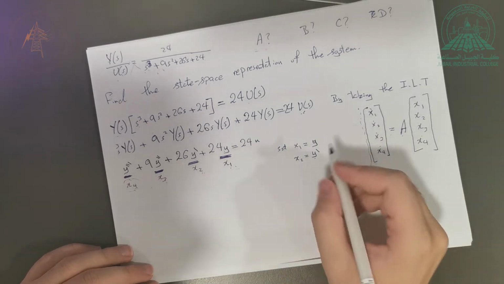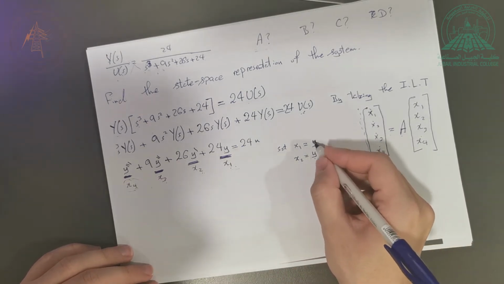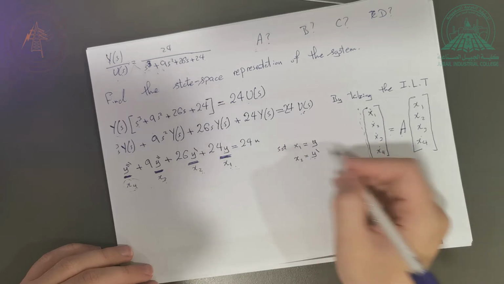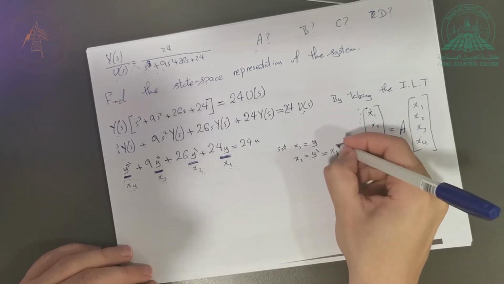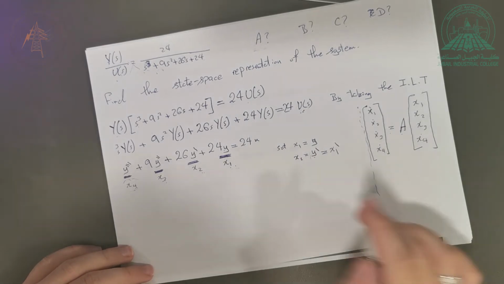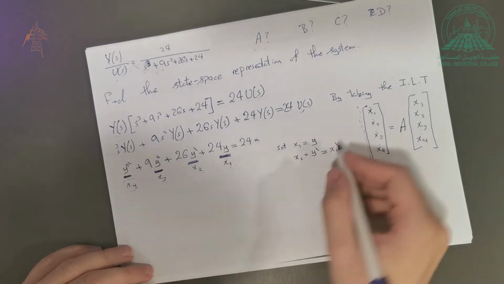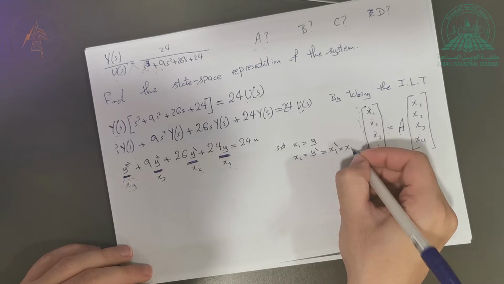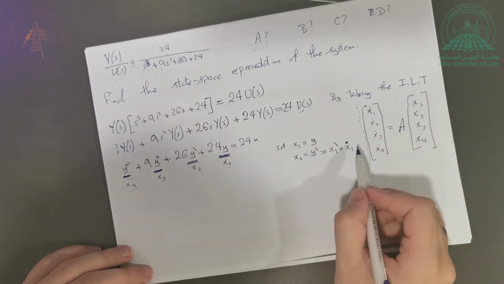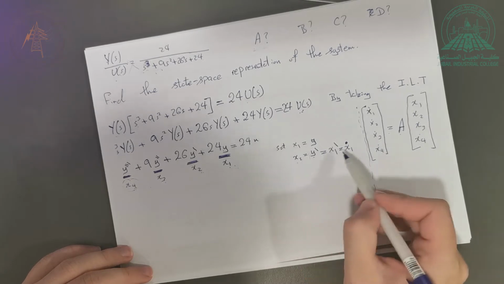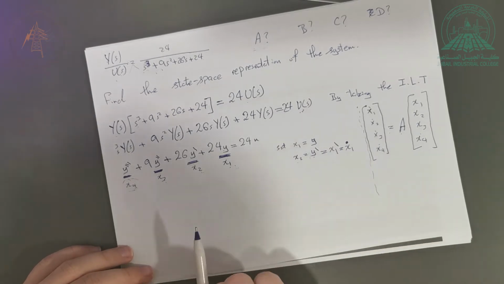So look here, instead of writing y prime, I'm going to take out y and write x1 instead. So I will say x2 equals x1 prime, or instead of writing prime, I can say it's x1 dot. See what I have here? I have a relationship between x2 and x1 dot. This is very, very important.